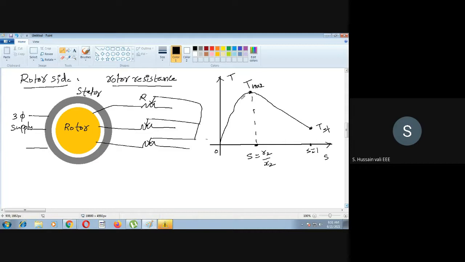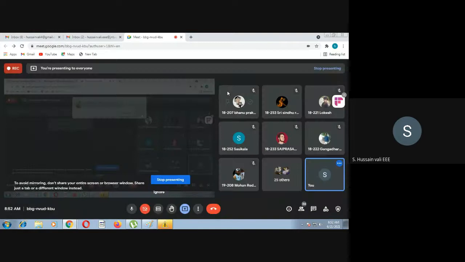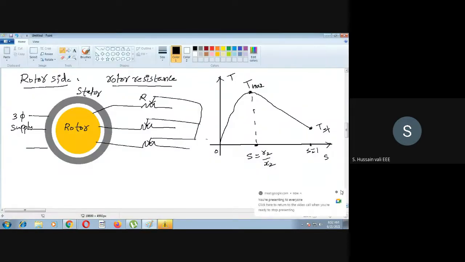This you know. Now you'll see the logic here. What exactly you are doing is inserting some extra resistance in the rotor side, which is included in the rotor resistance. In the slip expression, R2 is in the numerator, the rotor resistance.